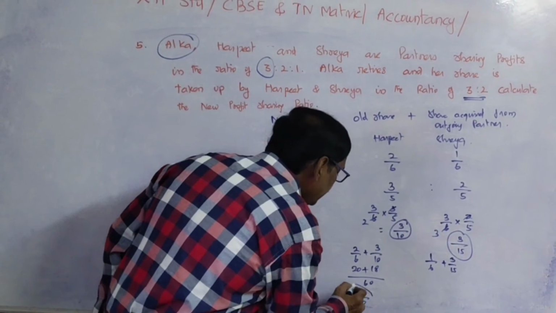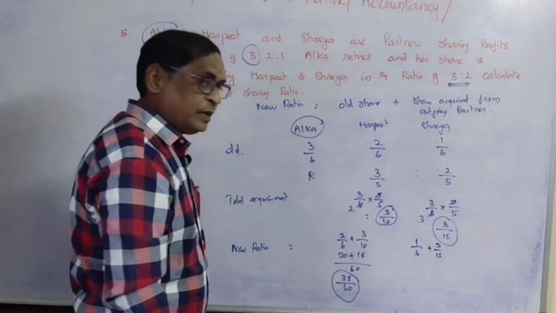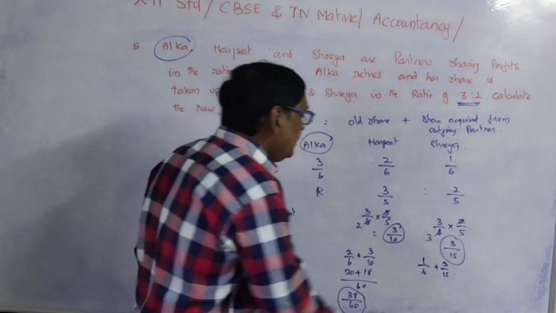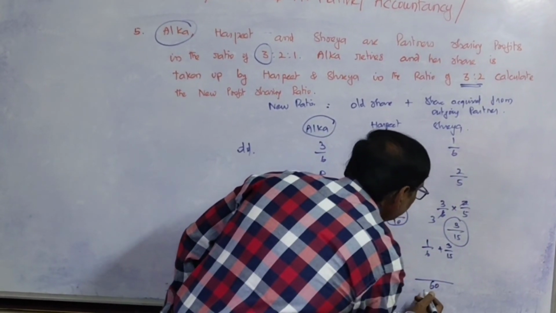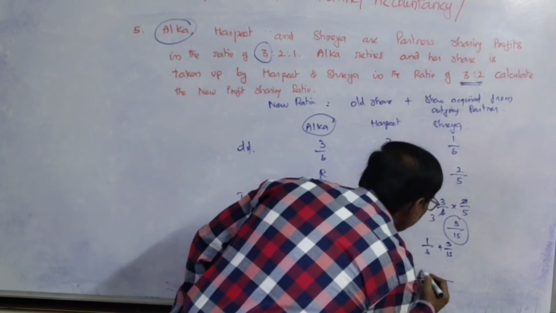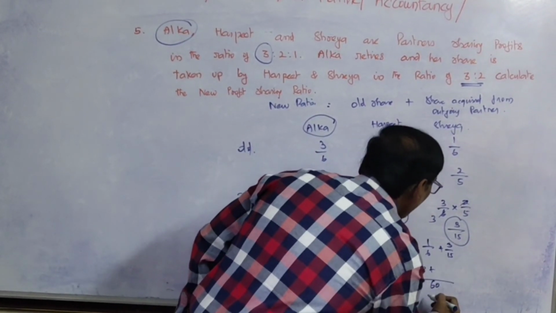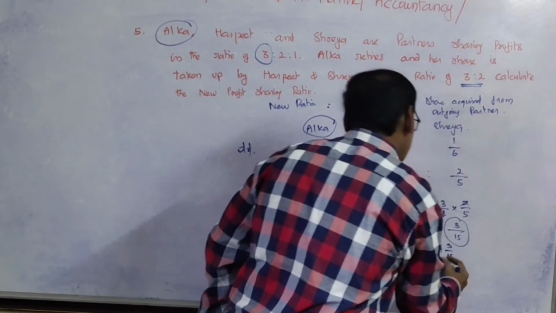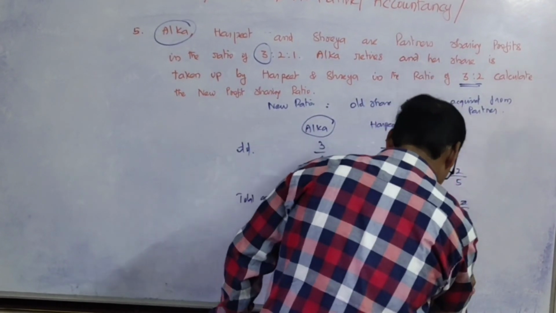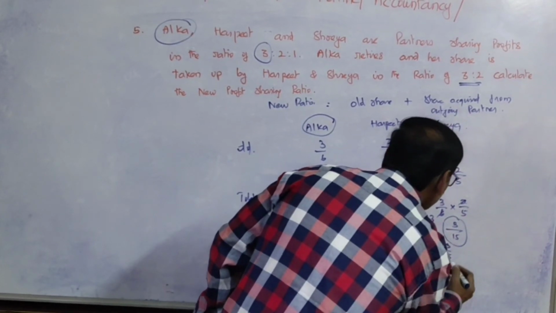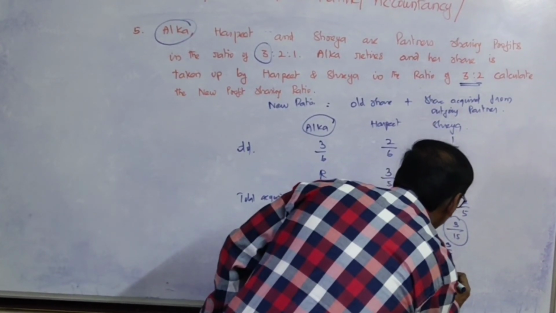It is the gaining ratio. New ratio of Harpreet is 38/60. Here also LCM 60. 1/6 is 10 out of 60, plus 3/15 is 4 times 3, 12.